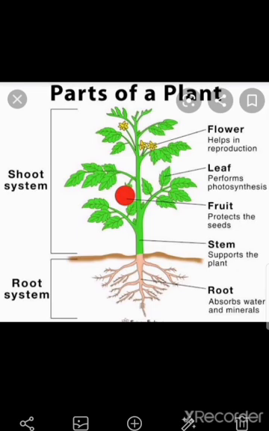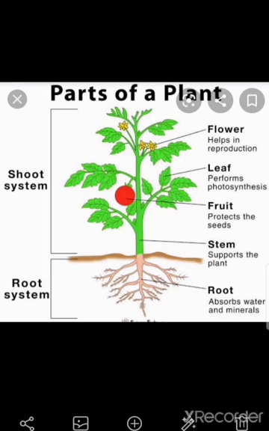With a typical land plant growing in the soil, the root system is everything growing below the ground, and the shoot system is everything above the soil. So look at the picture on the screen. You can see the shoot system and the root system.